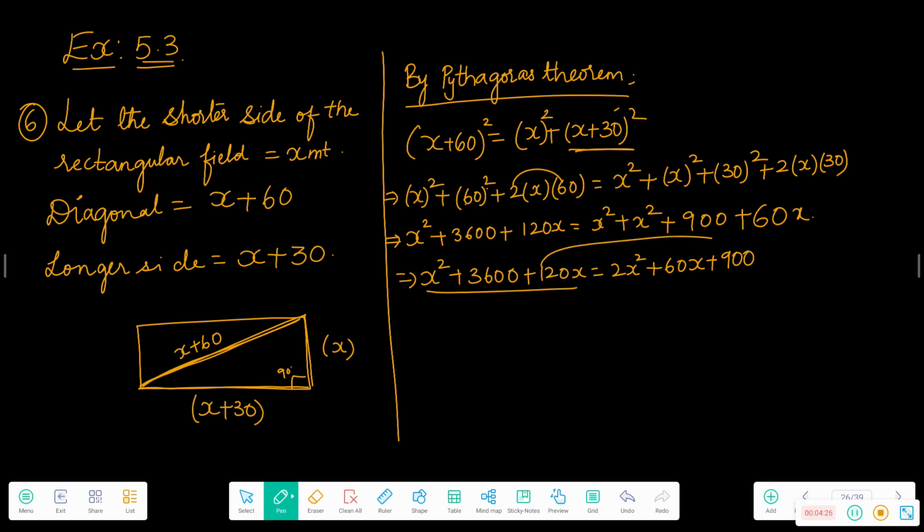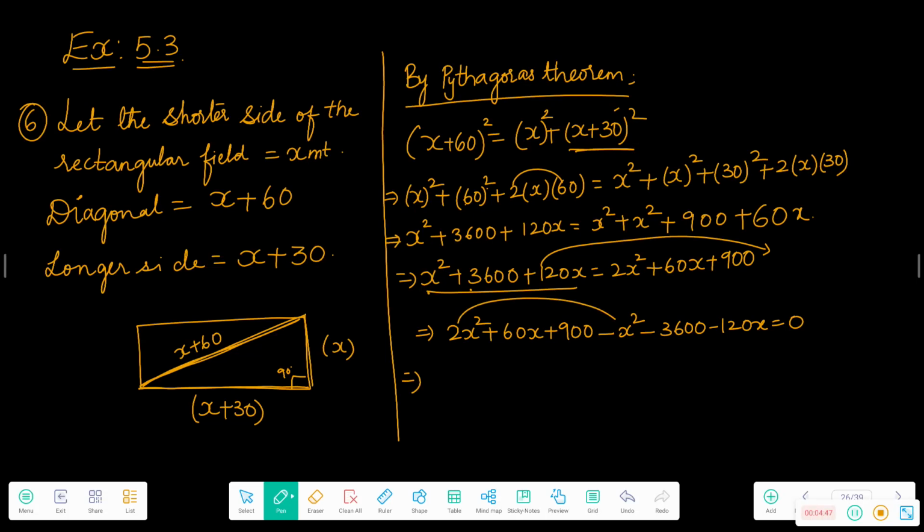So I'll take all these terms to the right side. So 2x square plus 60x plus 900. The first term x square, if I move to the right, it becomes minus x square, minus 3600, minus 120x is equal to 0.